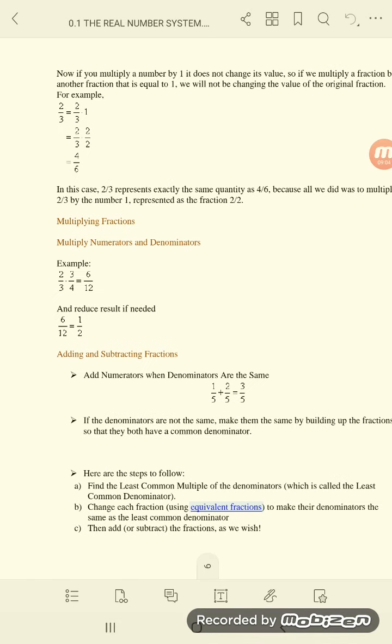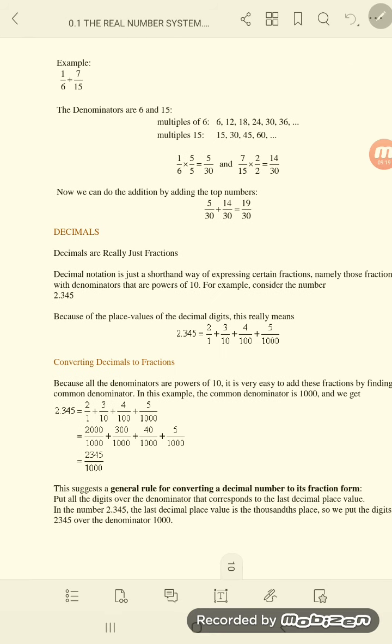Now let's see the next page. I think here you can just read it on your own. You need to know how to deal with fractions when we do addition, subtraction and multiplication. I think you have already learned it, so no need for me to go through it.